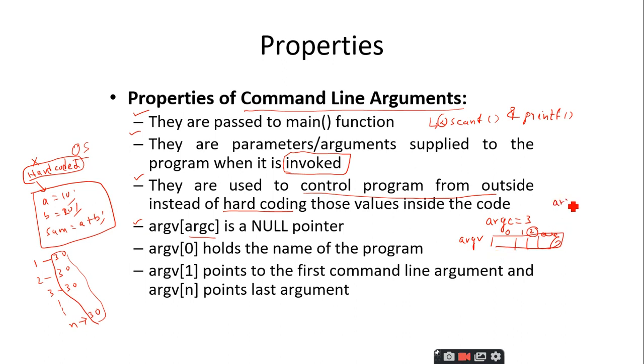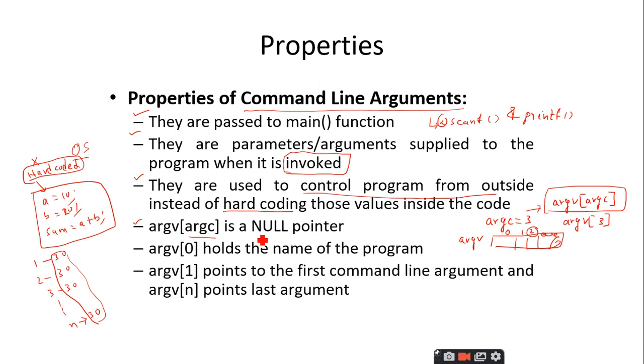Here you can see that the maximum index of this argument vector is 2. But when you try to access argument vector of 3, you are going beyond the limits of the argument vector, or the array.